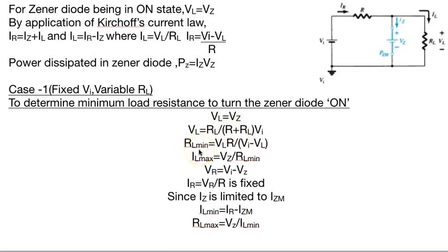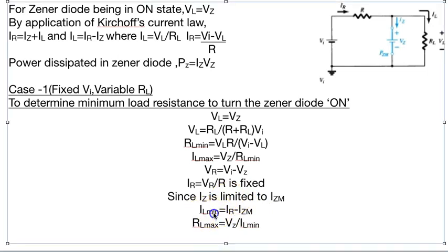The RL minimum is, let's suppose it's given as a minimum. Then we have a maximum load current and a minimum Zener current.